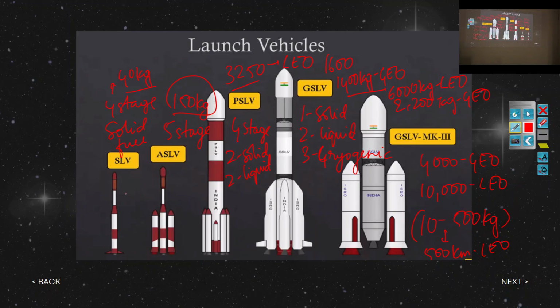Next you can write next gen launch vehicle. This is a 3 stage, partially reusable, heavy lift launch vehicle.